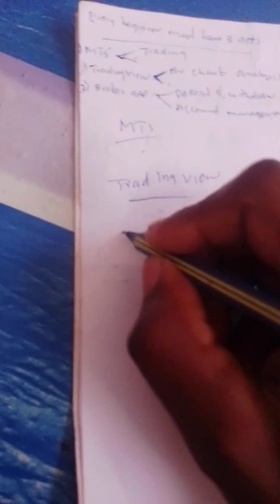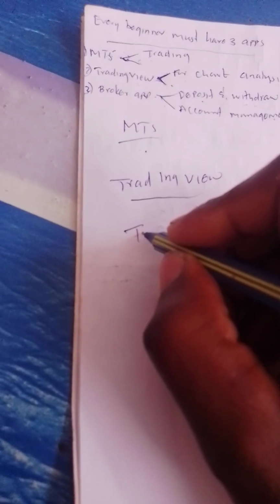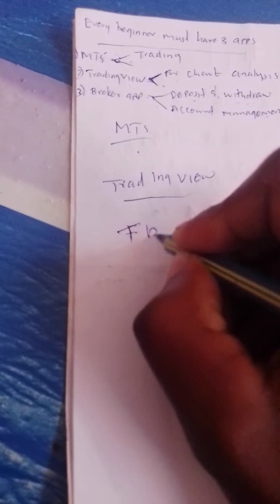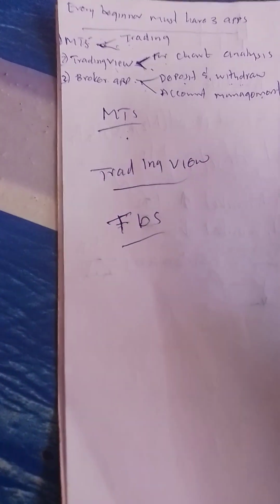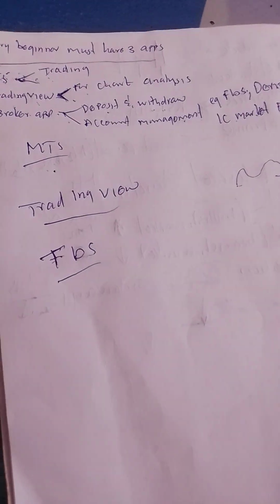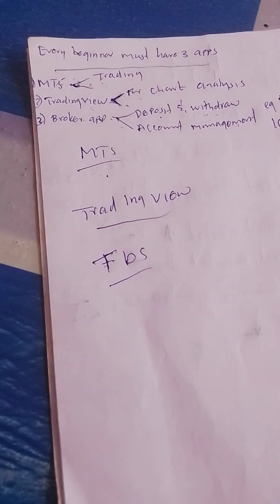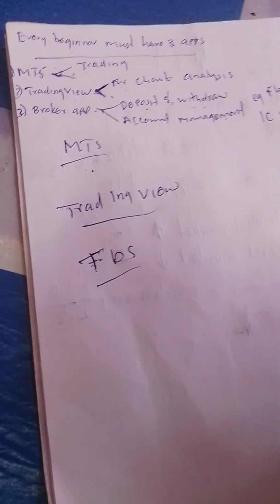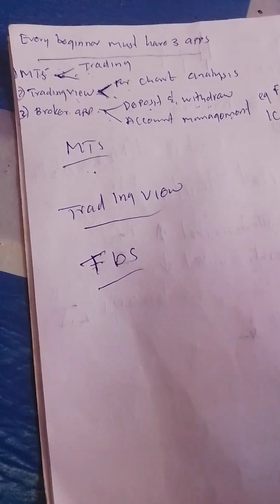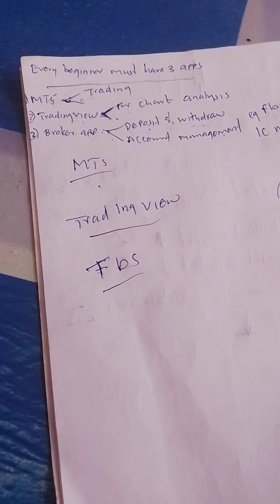Haya, sasa kwa broker, there is this broker. Kama unataka broker, kuna maybe FBS for example, ama Exness ama IC Market or whatever. So with that one you go to Play Store ama App Store, you search your preferred broker, even FBS, IC Market or Exness, then you download.